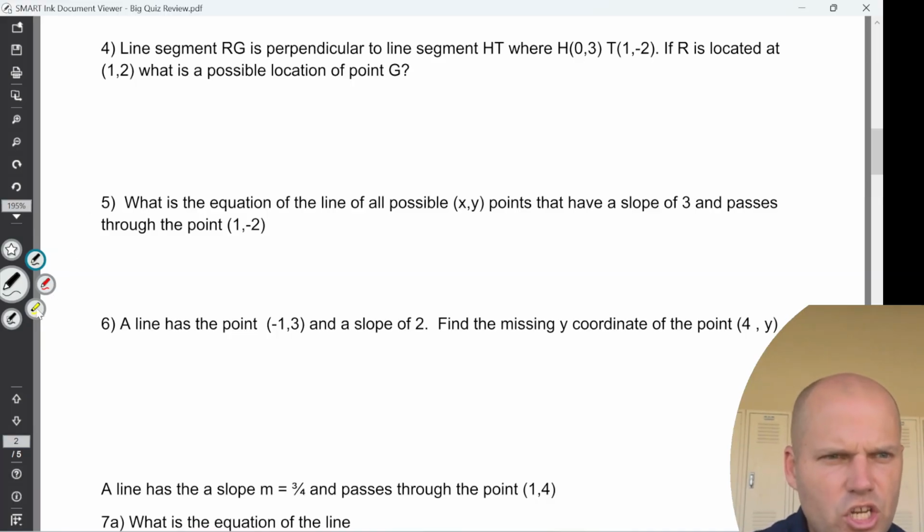Line segment RG is perpendicular to line segment HT. H is 0, 3. T is 1, -2.